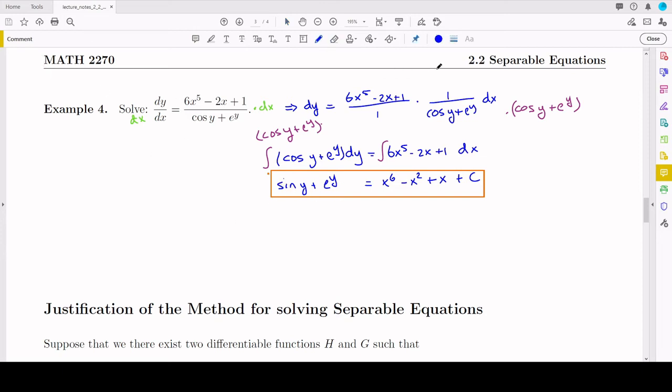So let me write that down here: on an exam, I will let you know when an implicit solution is fine.